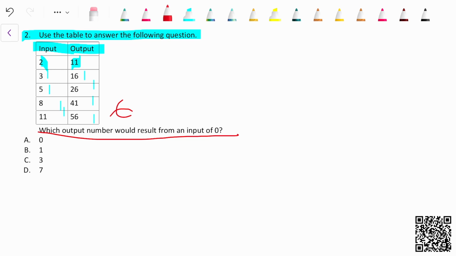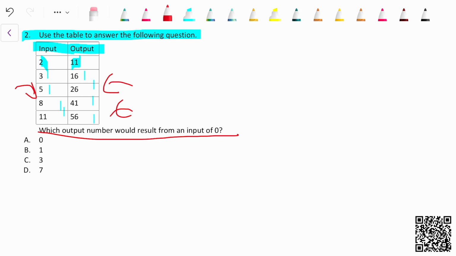And then again, you see here, 5 and 26. Well, one of the first basics of multiplication, 5 times 5 equals 25, right? Same logic as the first one, 25 is 1 away from 26. So if you plus 1, it would equal 26.